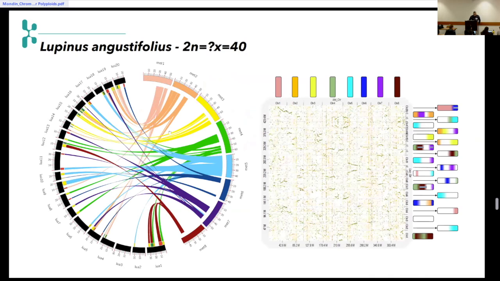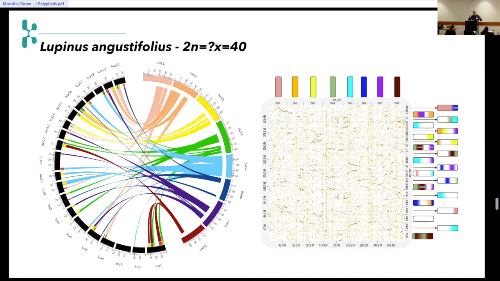Finally, taking some more distant legumes in the genus Lupinus, they have a much smaller genome than Medicago. We also tried to make this reconstruction using dot plots and drawing the chromosomes again to get an idea.